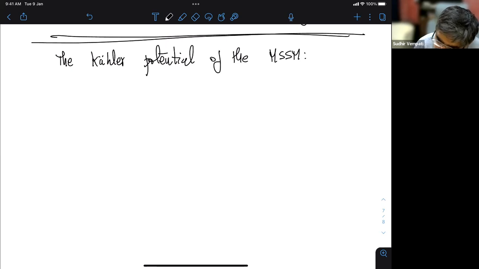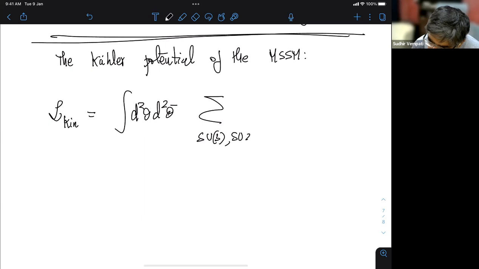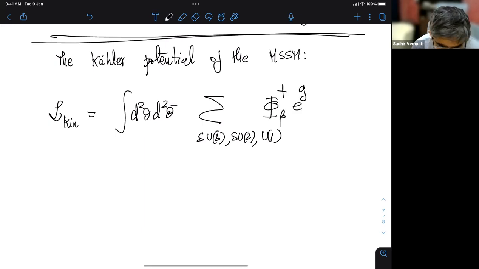The Kähler potential of the standard model essentially gives you the kinetic part, exactly like what we did: d^4θ, sum over SU(3), SU(2), U(1), Φ† e^{gV} Φ.